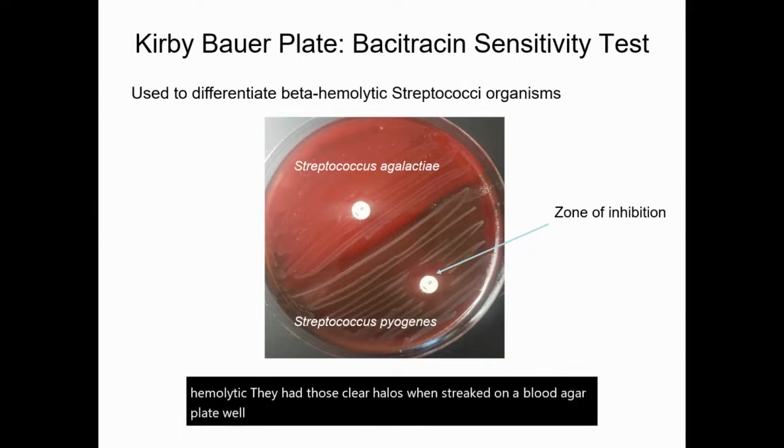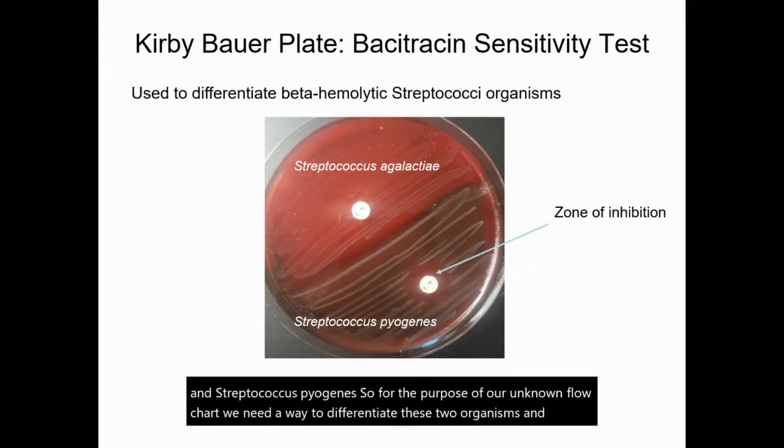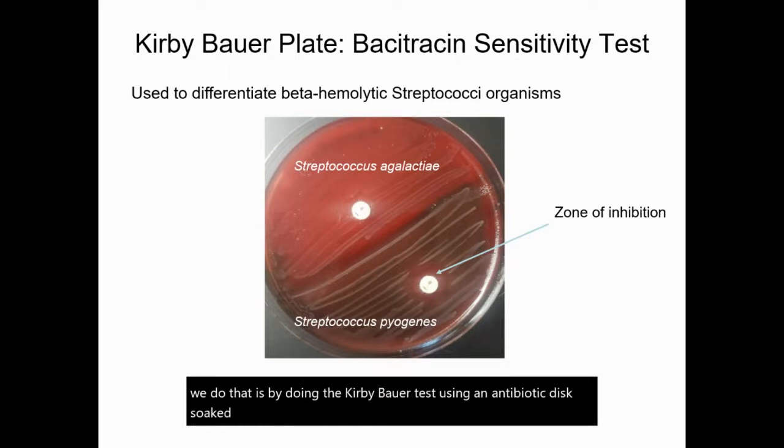Well, when it comes to our unknowns, we had two organisms that were beta hemolytic, Streptococcus agalactiae and Streptococcus pyogenes. So for the purpose of our unknown flowchart, we need a way to differentiate these two organisms. And the way we do that is by doing the Kirby Bauer test using an antibiotic disc soaked in bacitracin. And you'll notice that Streptococcus pyogenes is susceptible to bacitracin, whereas Streptococcus agalactiae is resistant.